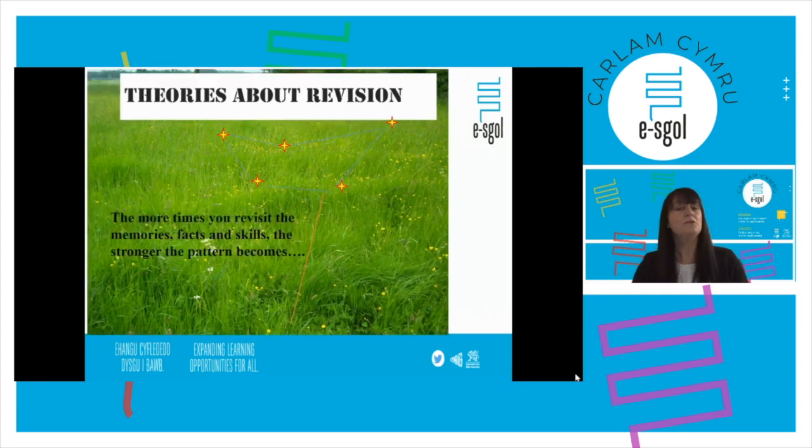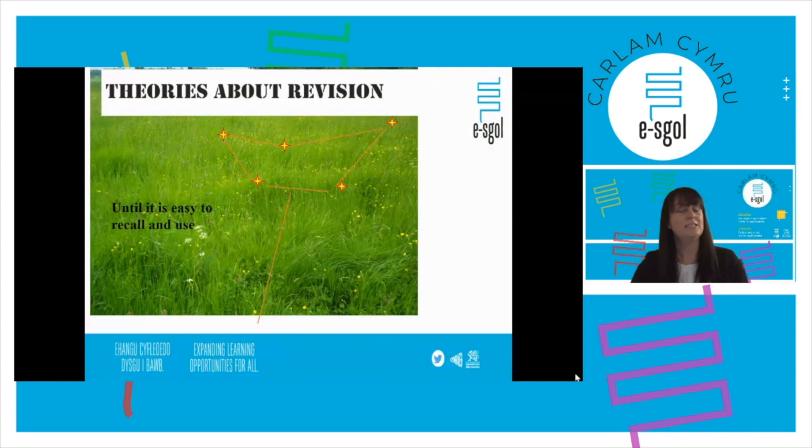Now, the more times that you go into your brain and you revisit these memories or facts or skills, then the stronger the pattern becomes to retrieving them and pulling them forward. Say, for example, skills that you might need for an exam. So the more that you go into your brain and use them, the better the links between these skills are. So the more you use them, the easier it is to recall and use.